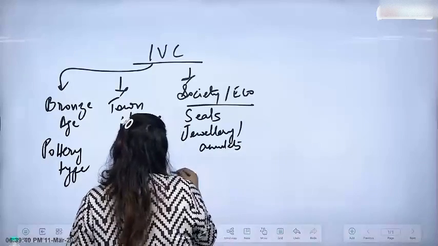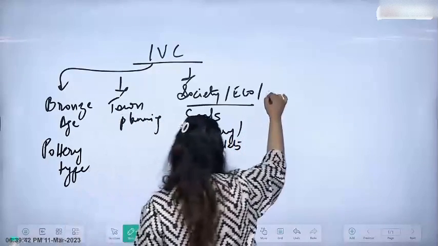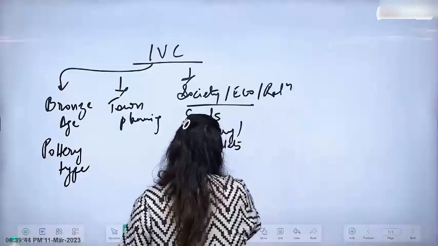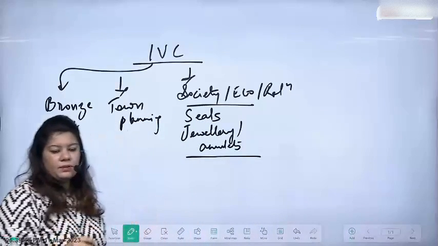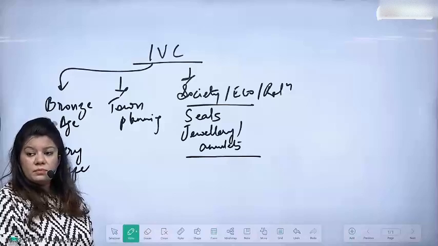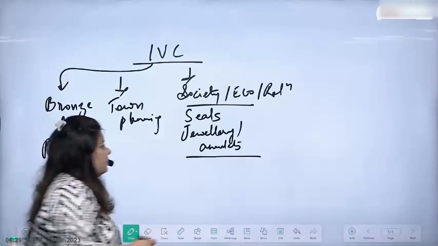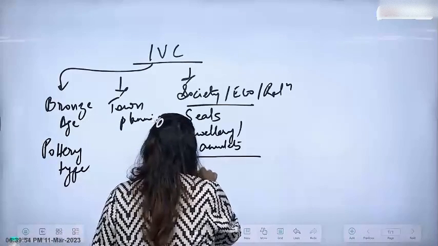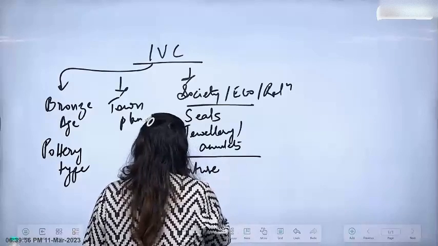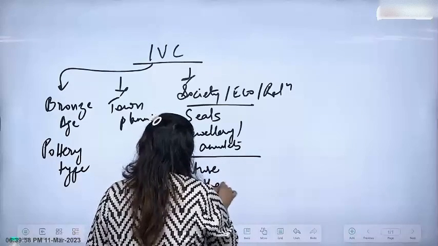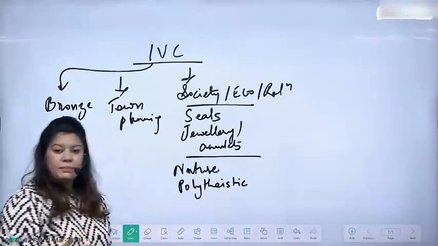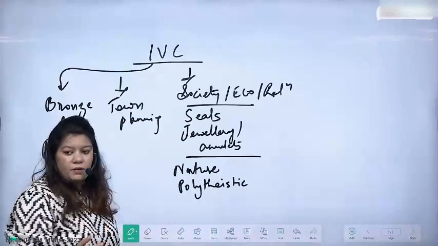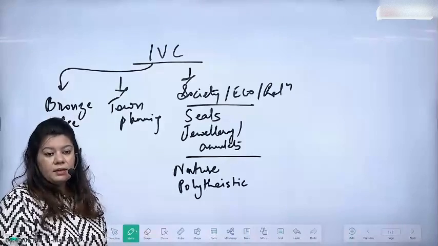We get knowledge about religion. What was the kind of religion the Indus Valley people adopted? Nature worship. They were polytheistic. That means they believed in many gods, worshipping of many gods of many kinds.